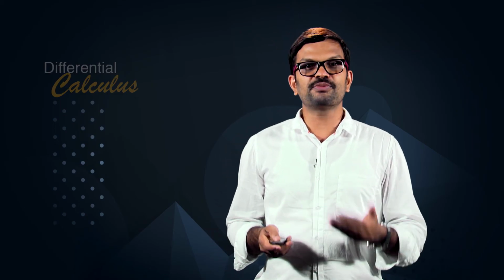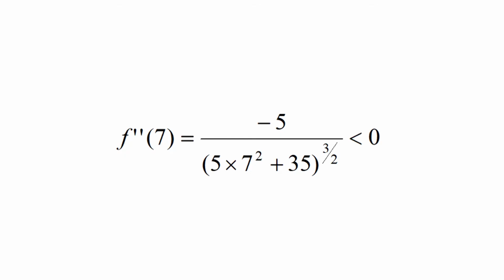At x = 7, the second term in the numerator vanishes, so that f''(7) = -5 / (5 × 7² + 35)^(3/2), which is less than 0. Hence, f has a local maximum at x = 7.